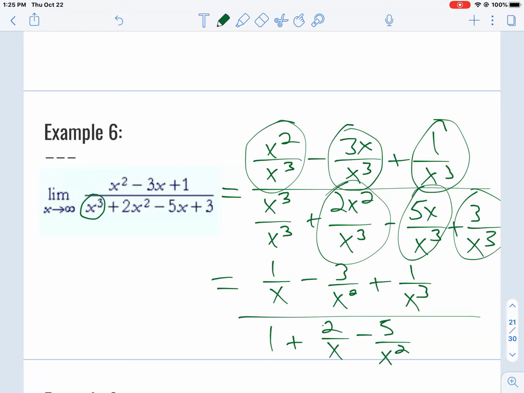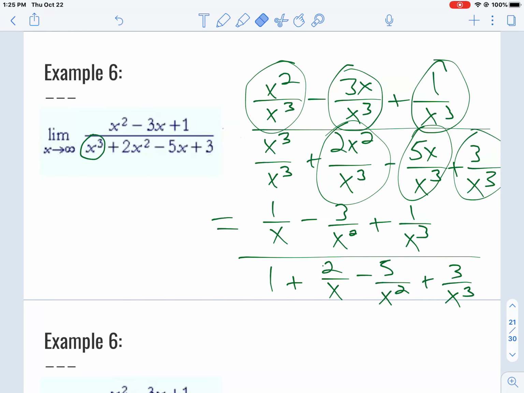They're going to go to 0. One thing I also need to say: we have to rewrite the limit each time we do this. I don't want to cheat you guys, especially those moving on to AP next year.